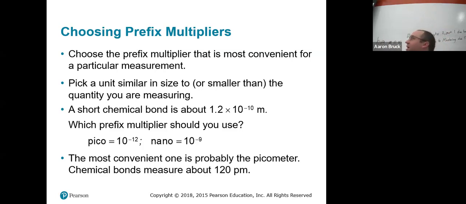Now, I could talk about that in terms of meters, but let's be honest. 1.2 times 10 to the negative 10th, that's a hard number to contextualize. I've got to move that decimal to the left 10 times. So it's 0.00000000012 meters.